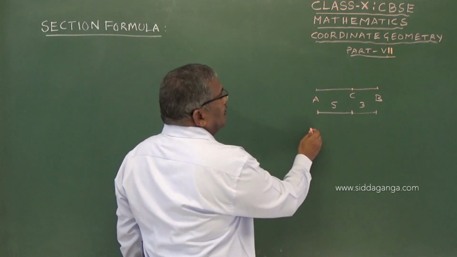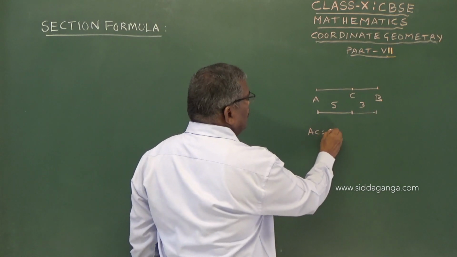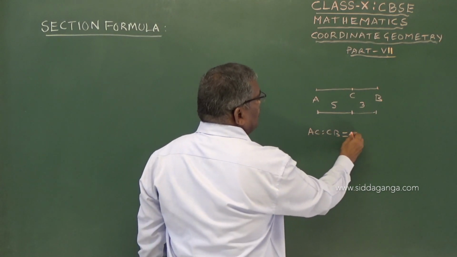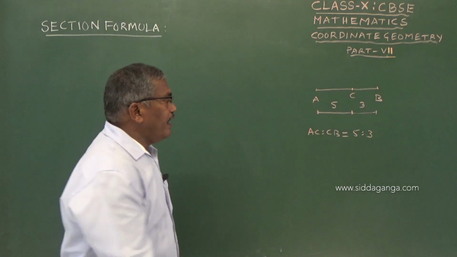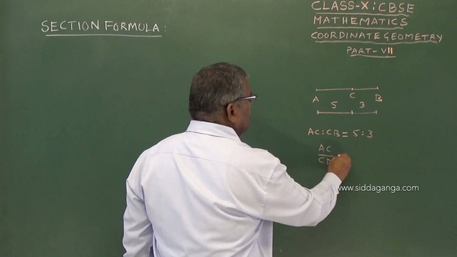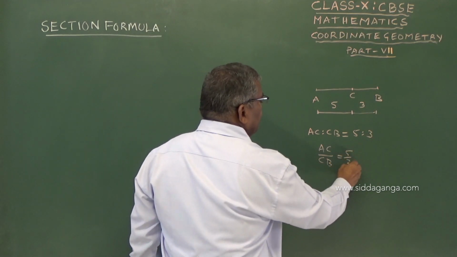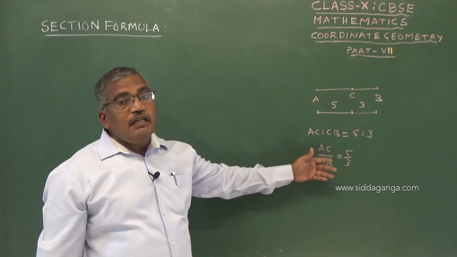So, here we say AC is to CB equals 5:3, or we write AC divided by CB equals 5 divided by 3. So, this is known as internal division.